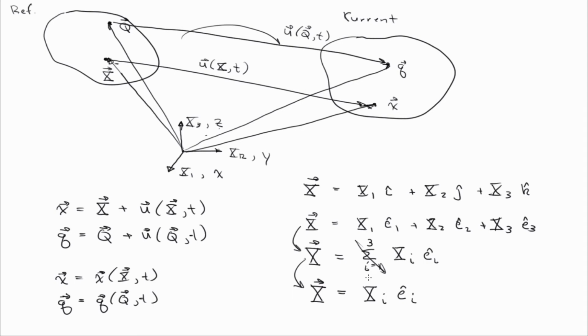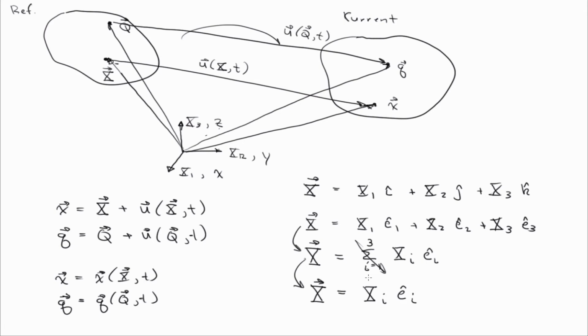And later we'll do some manipulations, and this notation allows us to do some things in a nicer way. So this is called indicial notation or Einstein notation. Whenever you have a repeated index, it implies summation. There are a couple of other rules and tricks you'll learn along the way.